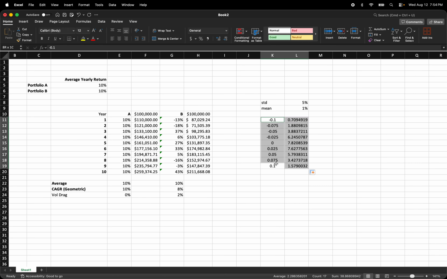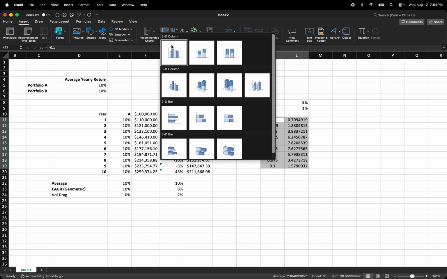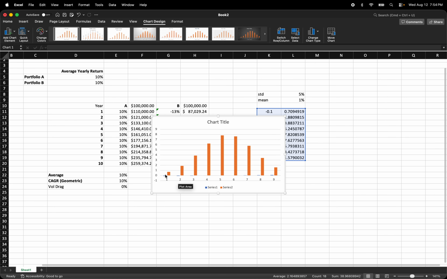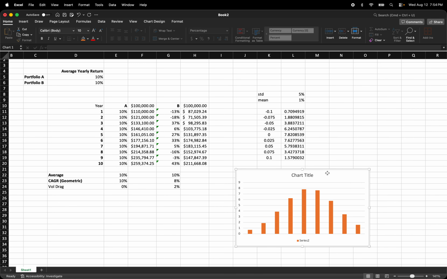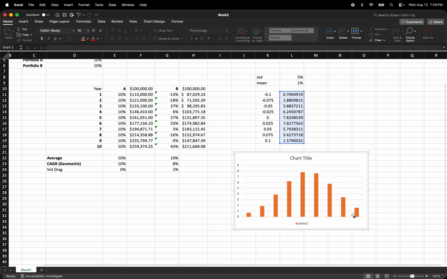This should give me a graph. There we go. It's a nice little normal distribution. What you're trying to do is limit the left side of the distribution.